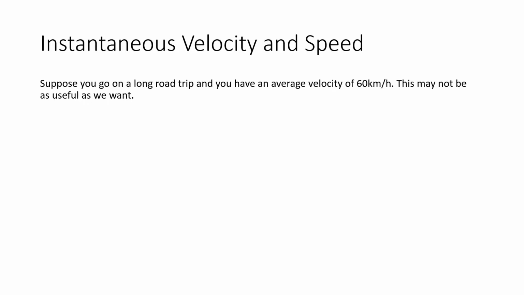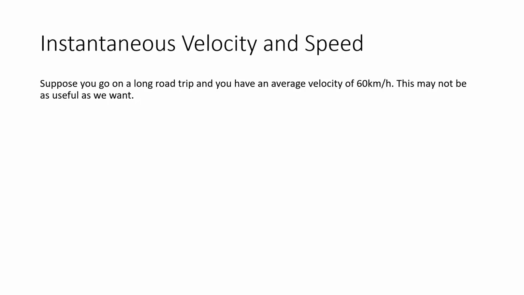So that's sort of the idea of, I don't want this big final initial, big region, and I'm just sort of ignoring the stuff that happens in the middle. My example for that is, suppose you go on a road trip somewhere. You guys go to the beach, or wherever, and your average velocity might end up being something like 60 kilometers per hour.